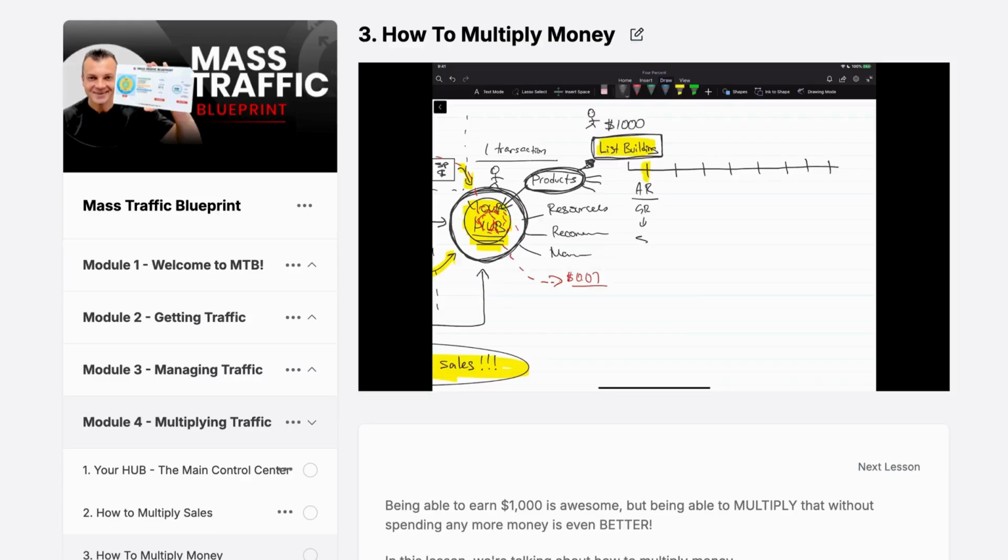I'm going to talk to you about traffic multiplication ideas in the next lesson. But we don't want traffic. We want what traffic is going to get us, which is more money. So if we can multiply sales, multiply money, and then multiply traffic, you have no competition.